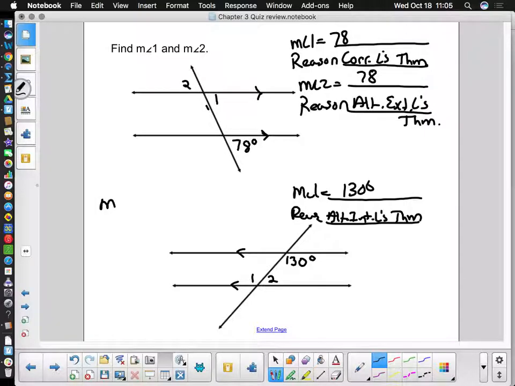And the measure of angle 2? 50 degrees. And reason? Consec int angles theorem. Theorem is THM.